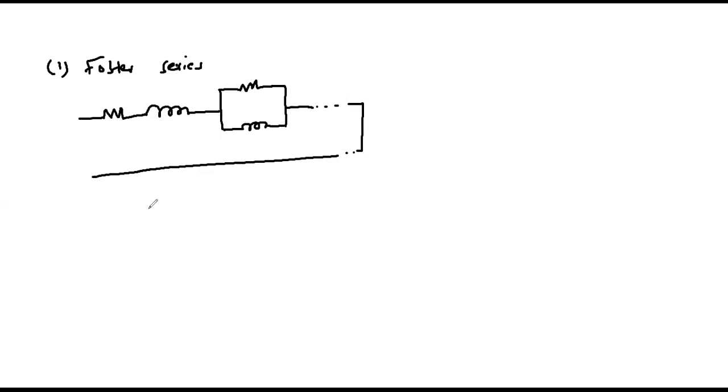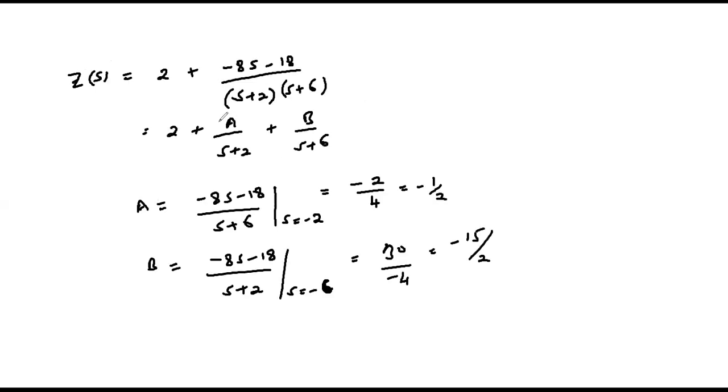To implement using the Foster series method, we use partial fraction expansion of our transfer function. But we've noted that if you use the partial fraction expansion directly, you'll end up with negative residuals. That would mean that when you compute the component values, some component values will be negative, which doesn't happen in reality.